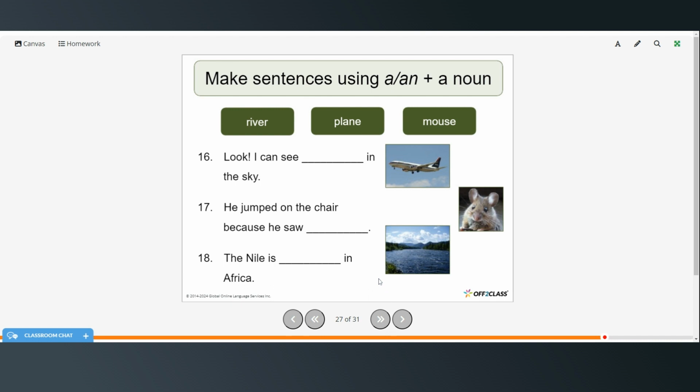Pause the video, try these on your own, restart when you're ready to check your answers. Look, I can see a plane in the sky. He jumped on the chair because he saw a mouse. And the Nile is a river in Africa.